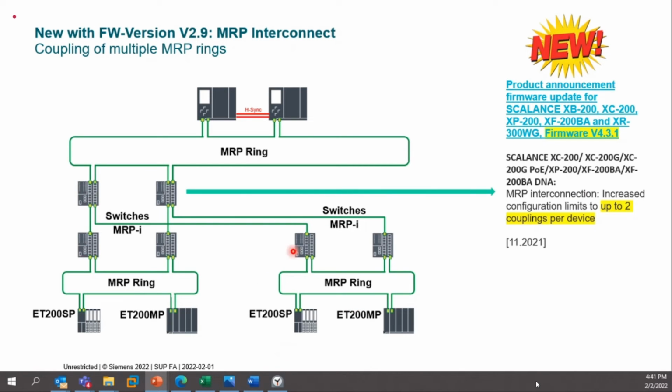Because this switch has failed, this communication is not there, but the communication with this CP card via this switch is still available, so both the rings are available to the main H system. Think in the alternate way: if this switch fails, my other switch is still available, so the connectivity with my ring is still present with the H CPU. So this gives you more availability.